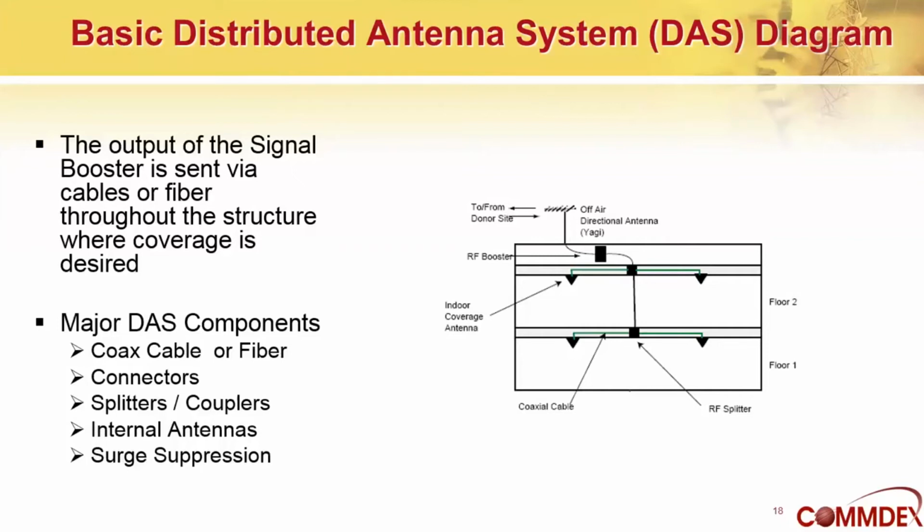So we have the major components being the coax cable, the various connectors, splitters, and couplers, internal antennas, and any surge protection devices needed.